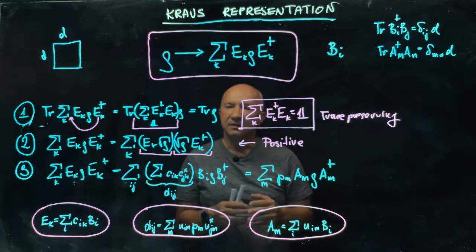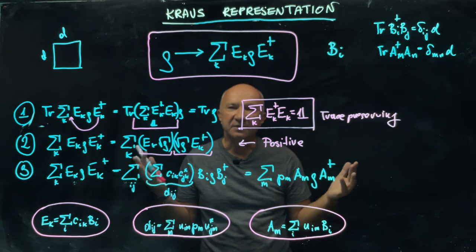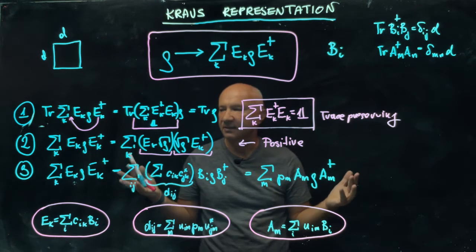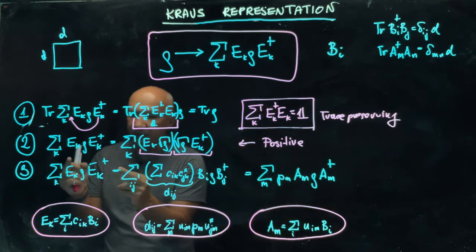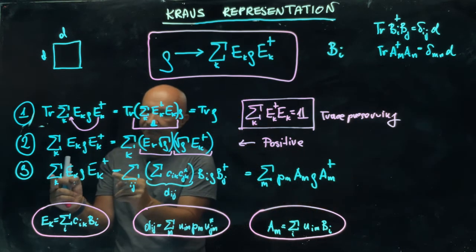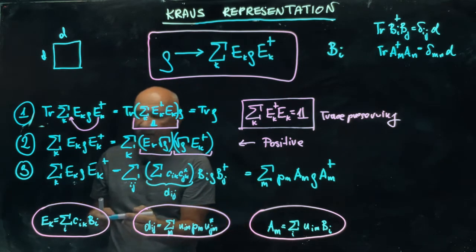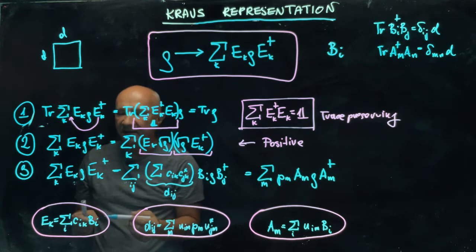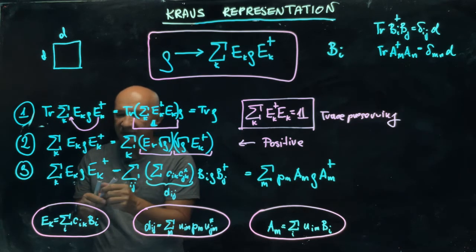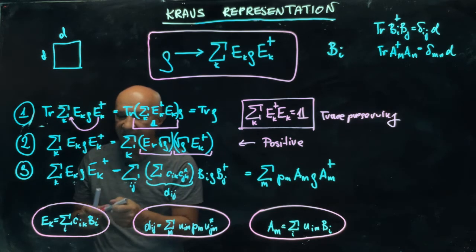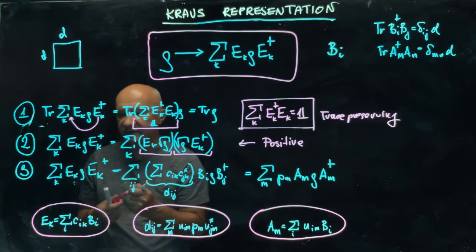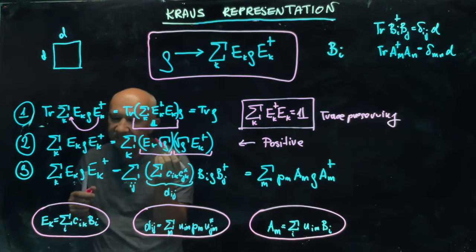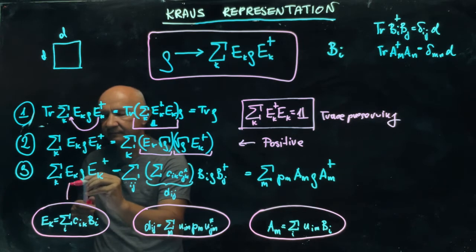Now, this is a d-squared dimensional Hilbert space. So when you take a look at this expression here, and you pick up your basis operators, b_i here, then every single Kraus operator here can be expressed as a linear combination, of course, of basis operators.